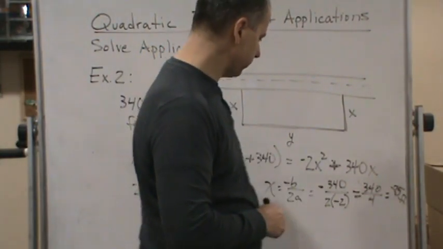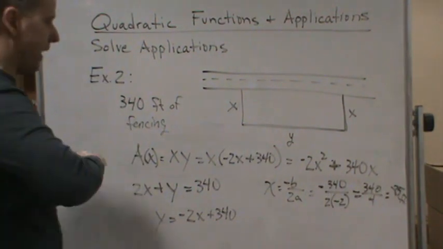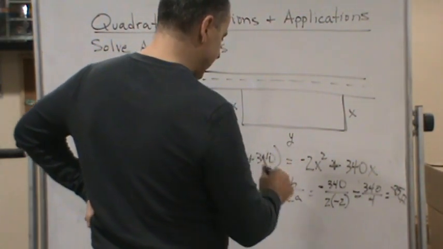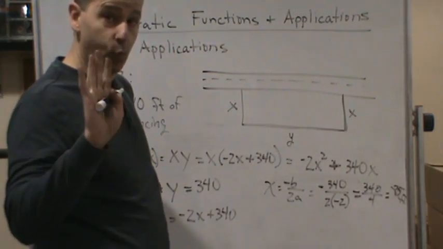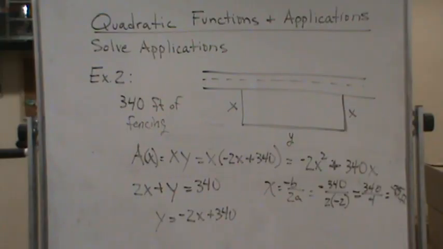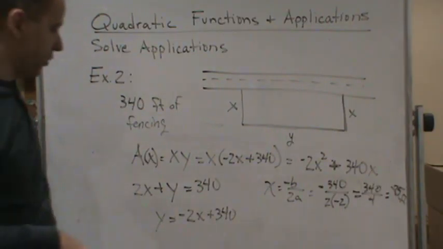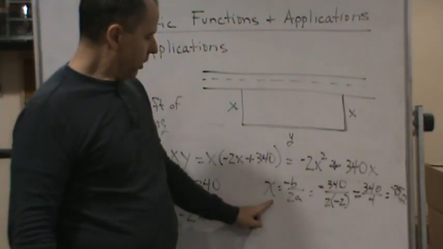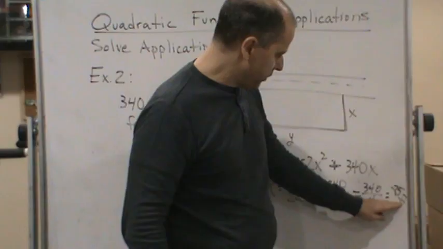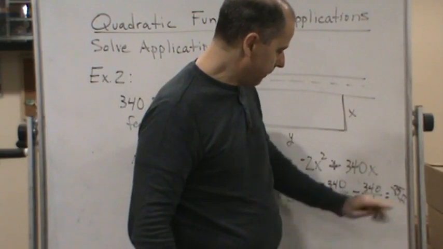So 85 feet. Now here's the thing: that's not the answer we're looking for. Let me look at this again. It says determine the dimensions of the lot that would maximize the area. So now we're not done. All we found was the one dimension, which is 85.